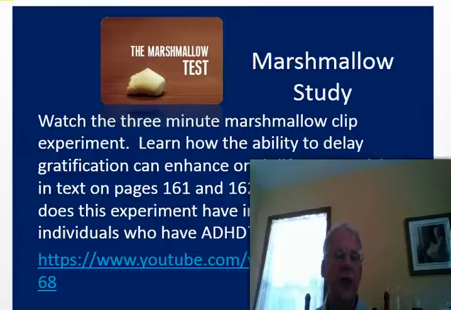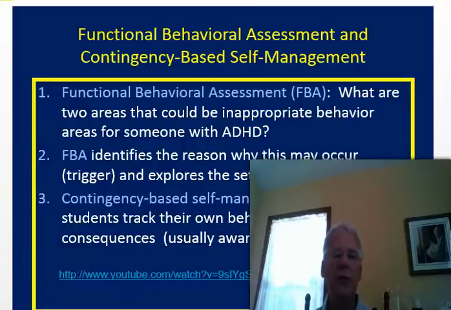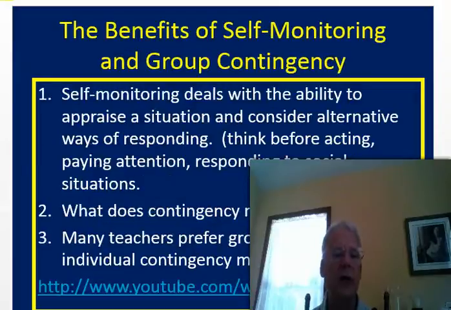So if we look at slides 62 all the way through 65, those are review study slides. And then some ways in which we assess ADHD: functional behavior assessment is one way, contingency-based self-management is another, and there's a clip there, slide, that may be helpful to you.